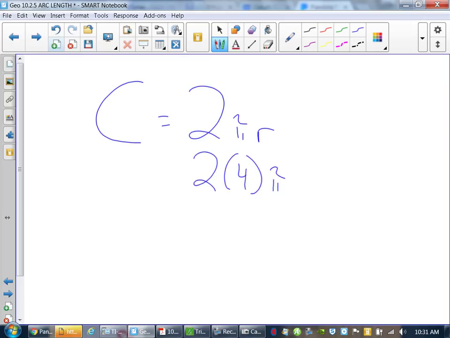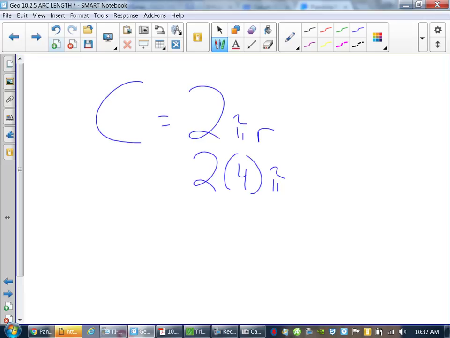The reason why the r value and the pi value switch spots is that in the order in which you write stuff down, you always start with numbers, and then symbols, and then variables at the end. So that's why we went with 2 pi, then an r. But then when you put it together, it's 2 times 4 times pi, and then your answer is just 8 pi. It's just the magical way that we do things, if that makes any sense. So you'll see it float around back and forth. Okay? And quite honestly, you can put in your calculator 2 times pi times 4, and it'll spit out 8 pi.